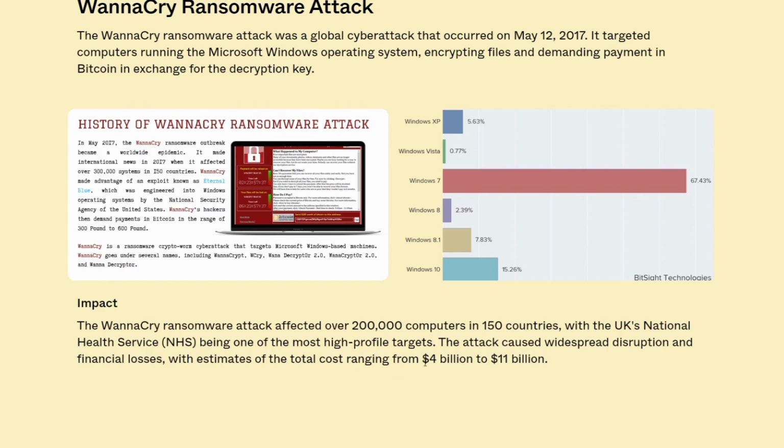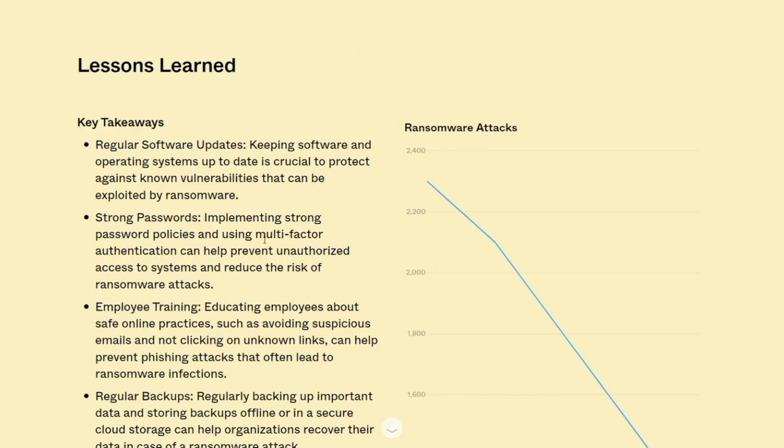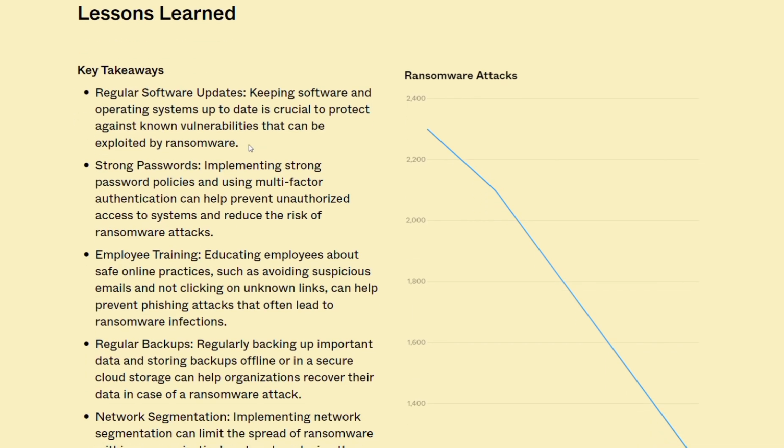Already we saw this in the previous slide. So due to this attack, lessons we have to learn. Key takeaways. Regular software updates. To avoid these cyber attacks, we have to update our software regularly.